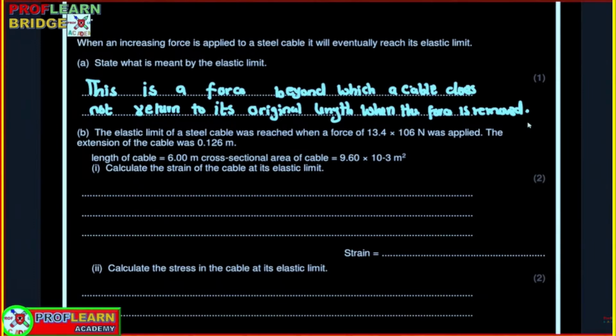So elastic deformation is a deformation where a material can regain its original shape once that force is removed. But plastic deformation is a deformation where the material cannot regain the original shape or size once that force is withdrawn. So you need to understand those terms.